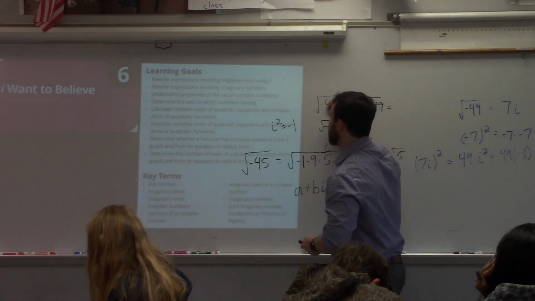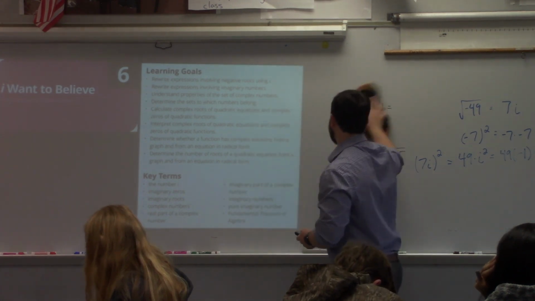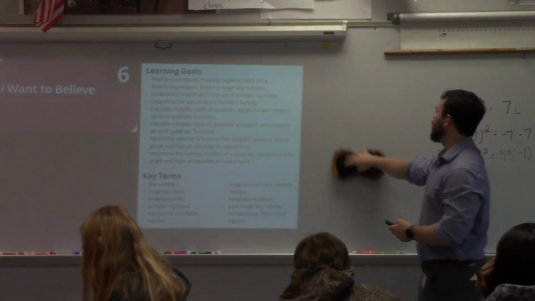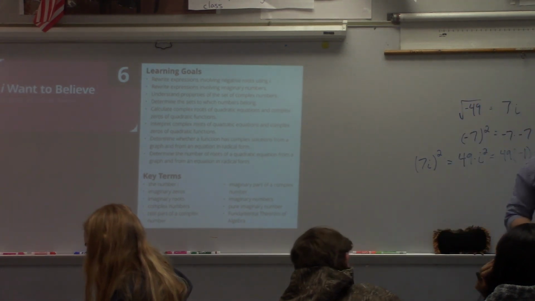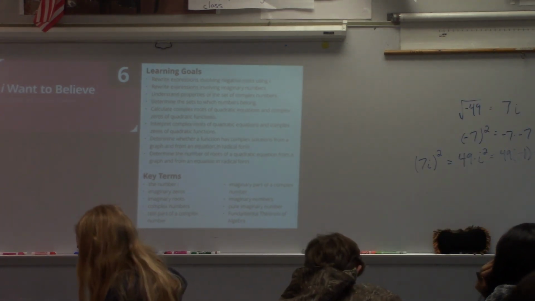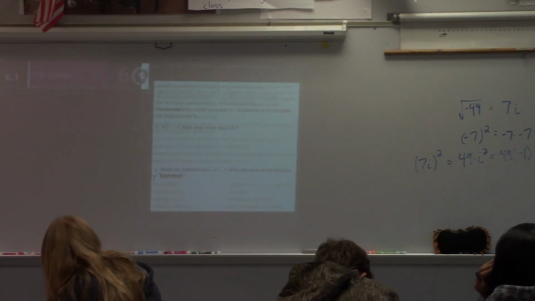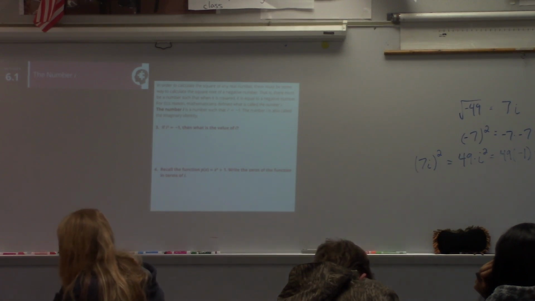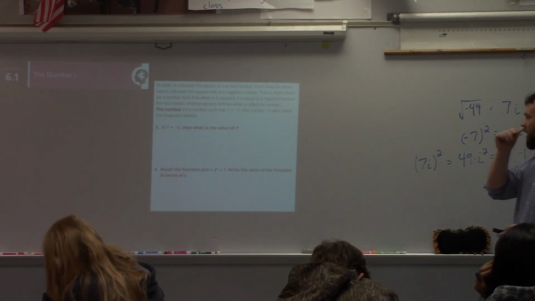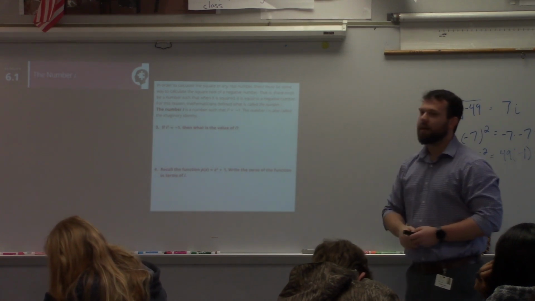Okay. So remember, all that lesson 6 is adding on to what we've already studied is the idea of what if we have imaginary solutions for a quadratic equation or imaginary zeros. This is on page 96. We define the number i.